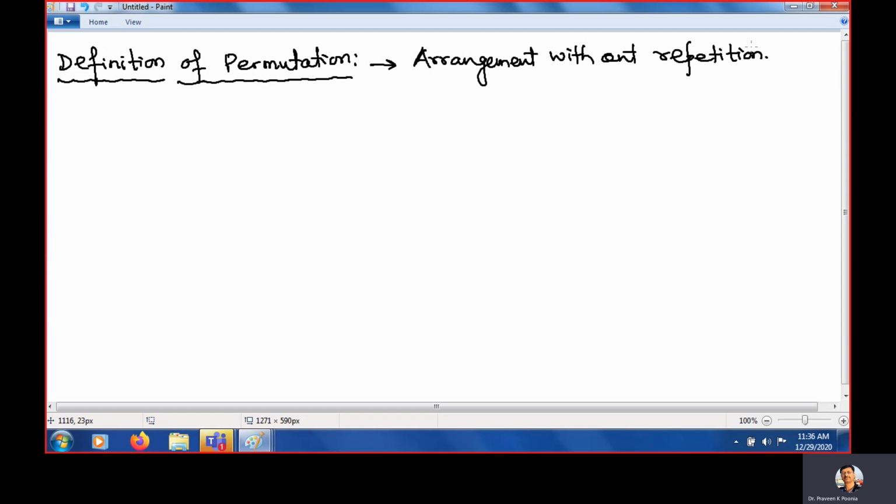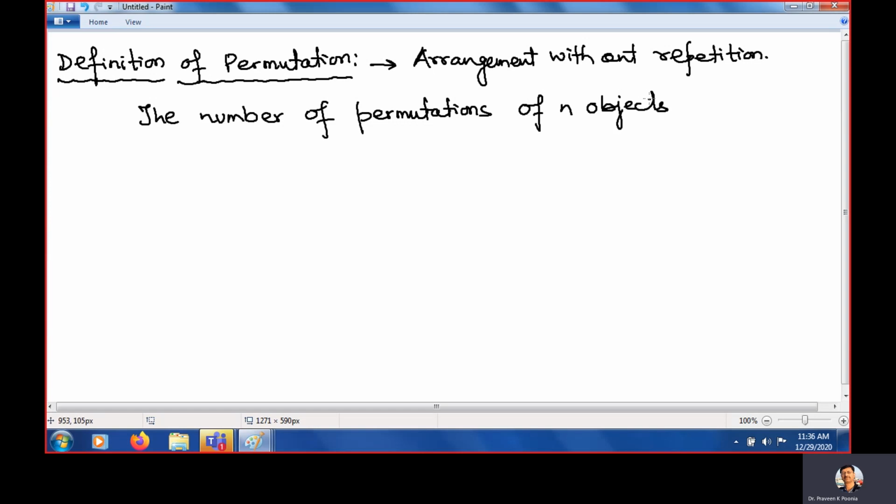Okay. So the definition is the number of permutations of n objects taken r at a time.